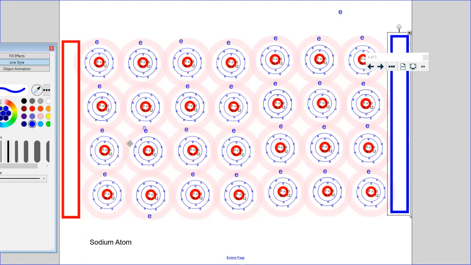Similar charges, do they attract or repel? Oh no, they will repel.